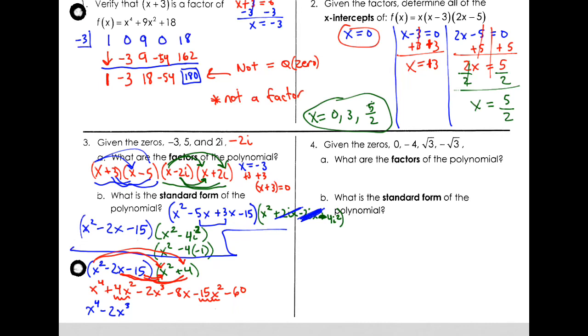All right, so we drop that down. Now we can deal with our squared terms. So we have a negative 15x squared and a positive 4x squared. That becomes a negative 11x squared. And then we have minus 8x and then minus 60. And we're done.